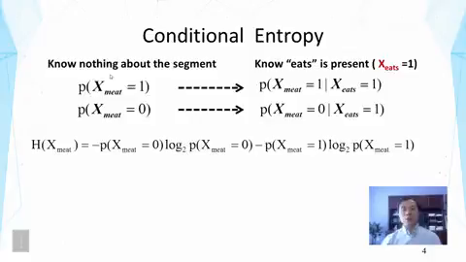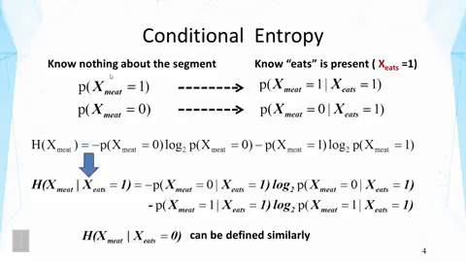Now that would change all these probabilities to conditional probabilities where we look at the presence or absence of meat given that we know eats occurred in the context. So as a result, if we replace these probabilities with their corresponding conditional probabilities in the entropy function, we'll get the conditional entropy. So this equation shown here would be the conditional entropy, conditional on the presence of eats, right?